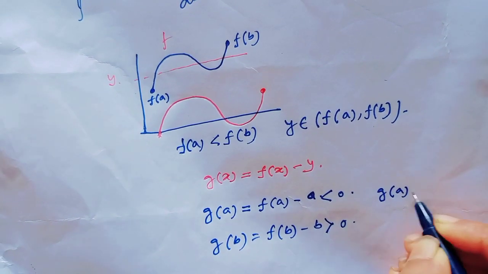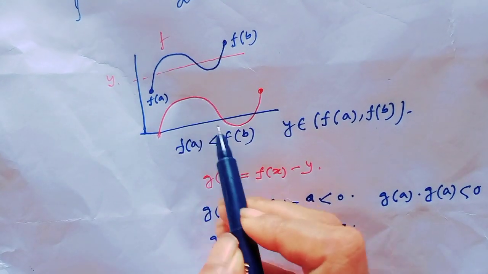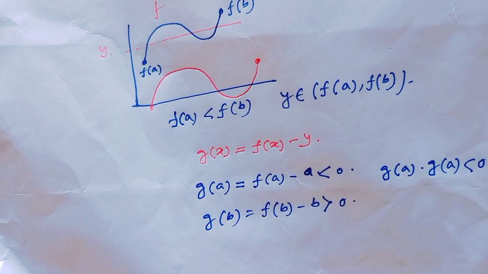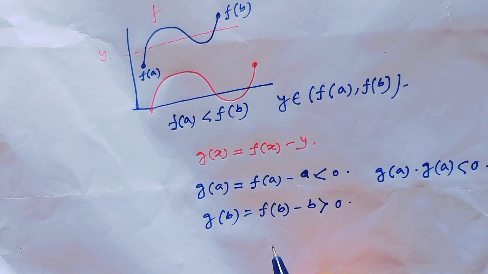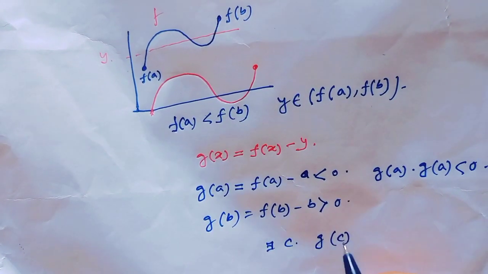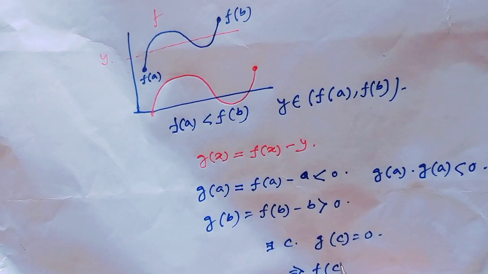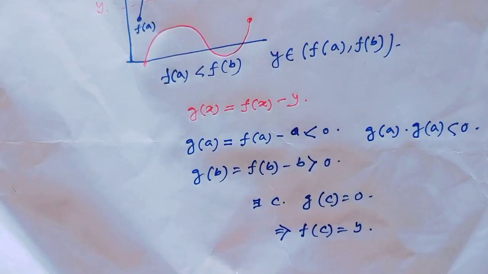Therefore, g of a times g of b is less than 0, and obviously this new function g is continuous. So by Bolzano's theorem, there exists at least one point c such that g of c equals 0, and g of c equals 0 means f of c equals y. Therefore, our proof is done.